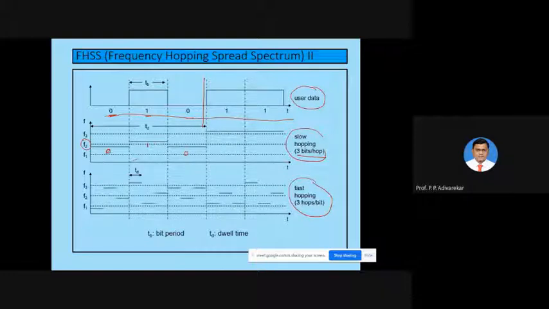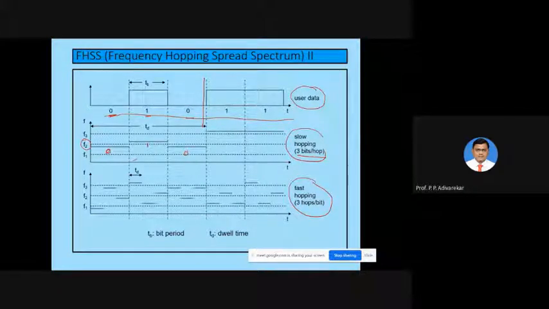You can clearly see the 0 is staying on F2. Then the second bit is also staying on F2, and the third 0 is also staying on F2. After that they will hop to the next channel.